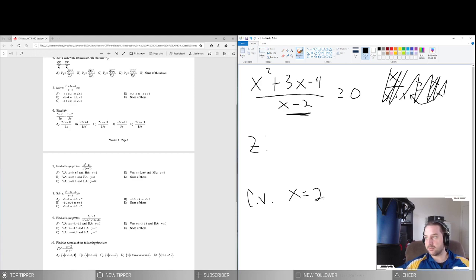Now my zeros, you take the top, so x squared plus 3x minus 4, and we want to factor that and set it equal to 0. So this will factor into x plus 4 and x minus 1. So x is negative 4 and positive 1.